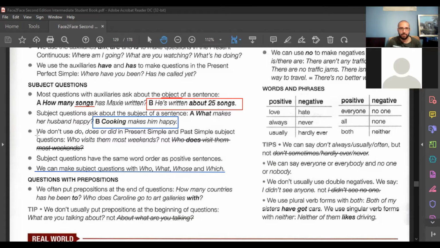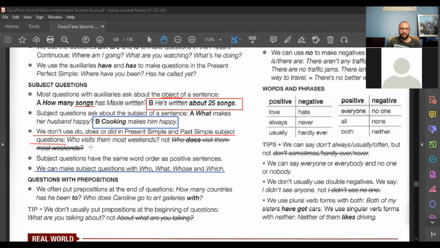Can you read the second point? We don't use do, does, or did in the present simple and past simple subject questions. Who visits them most weekends? Not who does visit them most weekends.